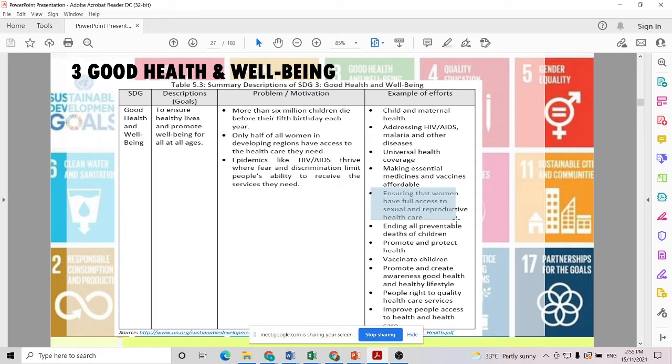And ensuring that women have full access to sexual and reproductive health care, including all women. And many things. This is how you can work on good health and well-being.